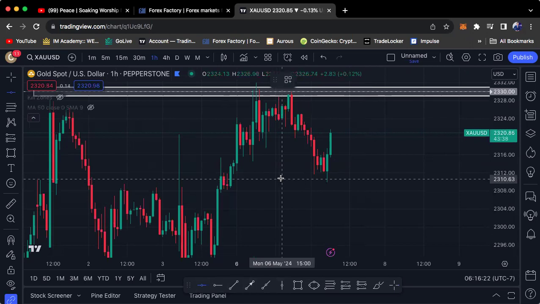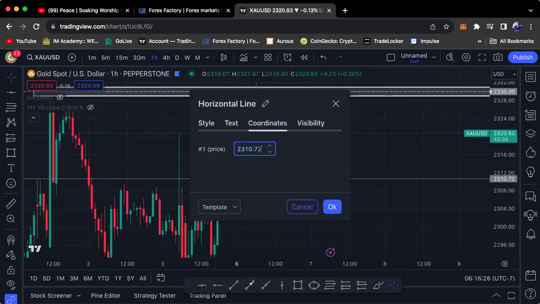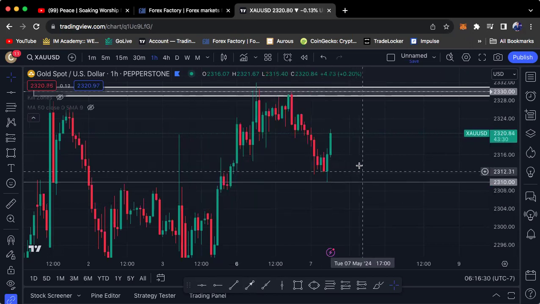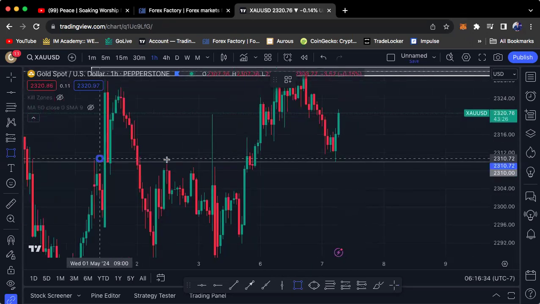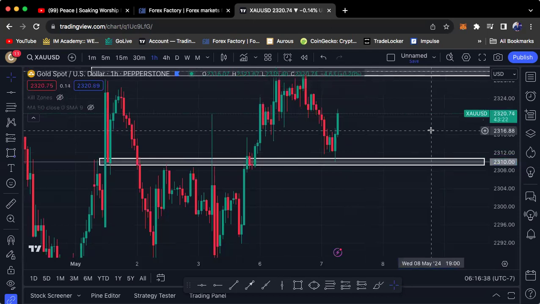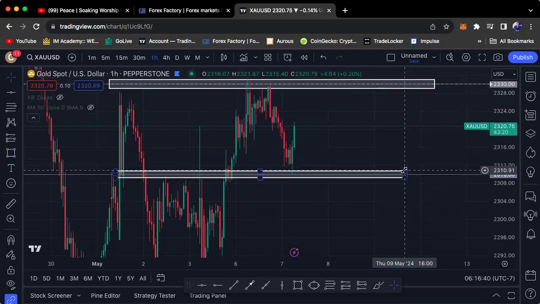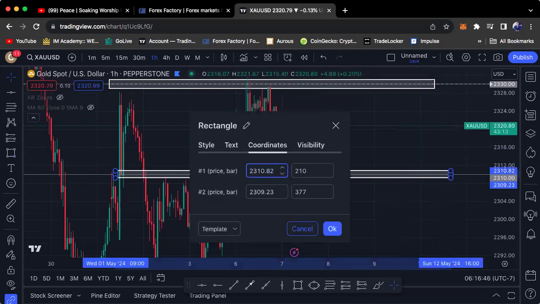Take my horizontal line, try right here, 2310. And then got my rectangle. So I have outer zones and internal zones. My internal zones are based off my 15-minute.